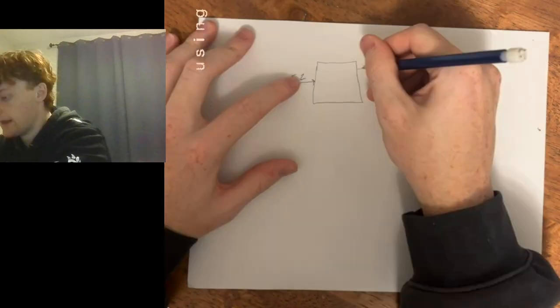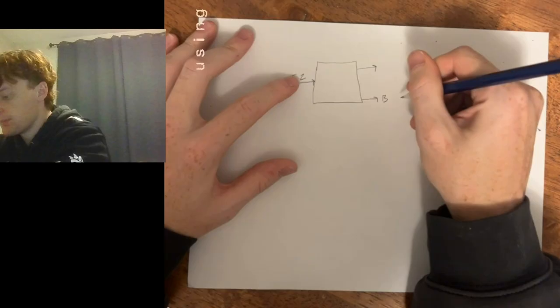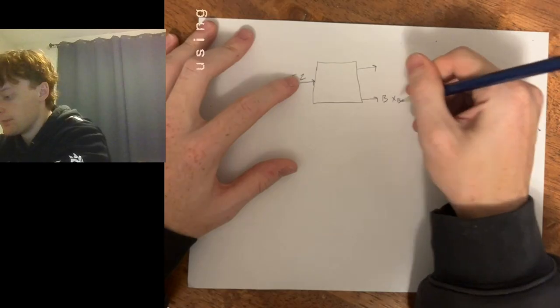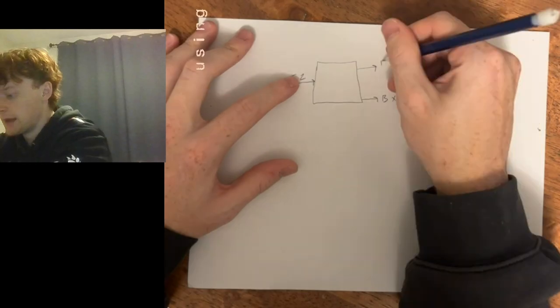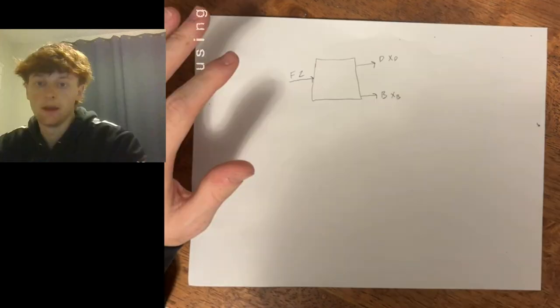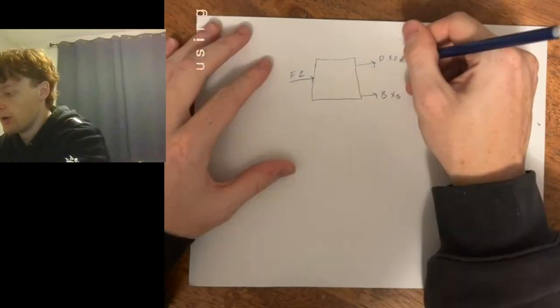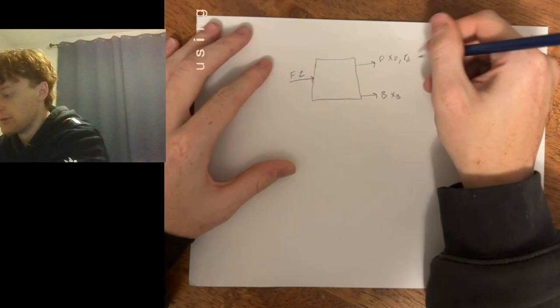We have two things coming out: at the bottom would be our bottom flow, with XB being the bottom composition leaving, and then we have our distillate up here, with XD. We're going to derive some of these equations, starting with the distillate flow rate. We also know our recovery rate of the distillate.